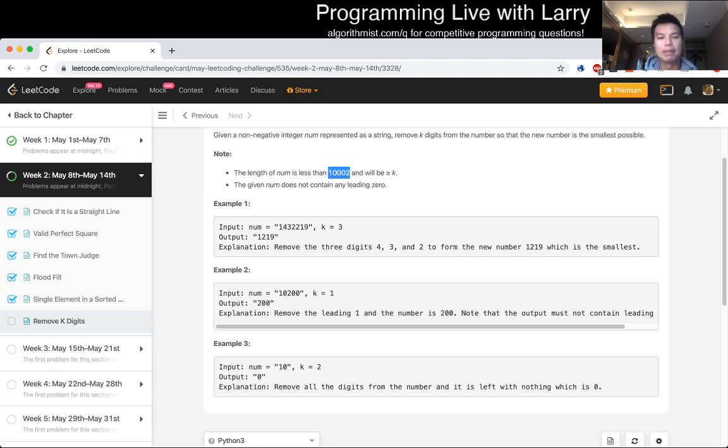Given these two digits, you're always only going to remove one of them to make them smaller, right?